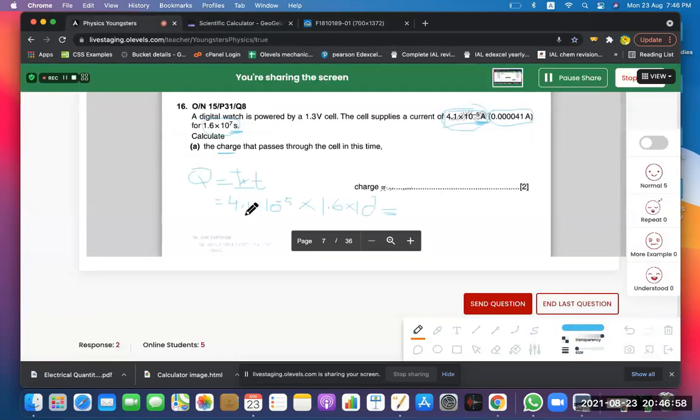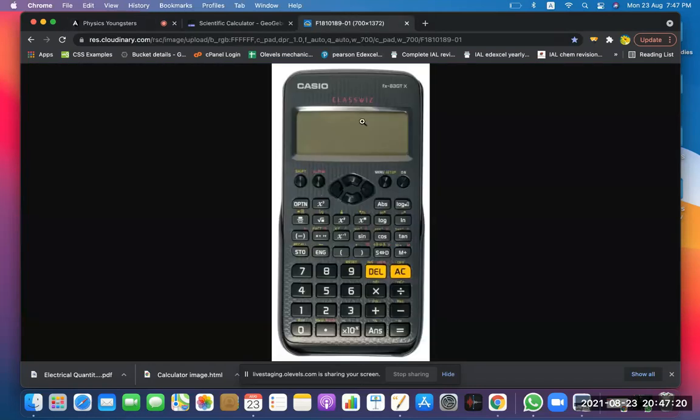Have you written 4.1, Fiza? Yes, I have written 4.1. Multiply by 10. I also write 10. Yes, then now you can click this option, this one.